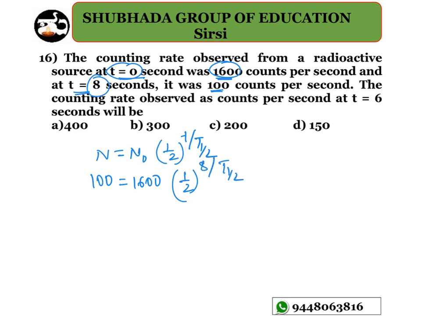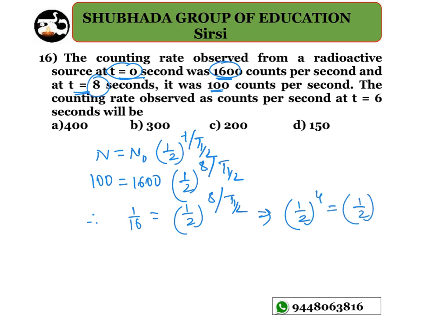So here I will get the value of the half life. Therefore I will get 1 by 16 equal to 1 by 2 to the power of 8 divided by t half, correct? So it implies 1 by 2 to the power of, 2, 3 is 8, 4 is 16, right, 1 by 2 to the power of 4 equal to 1 by 2 to the power of 8 divided by t half.